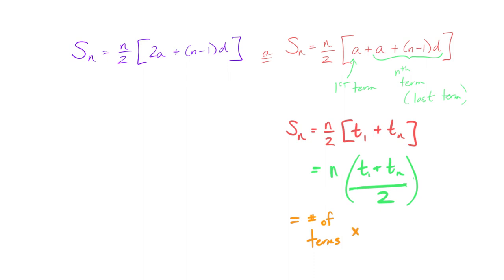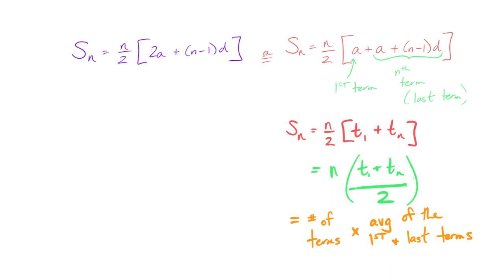And I multiply that by the first term added to the last term, and then divided by 2. Well, anytime I take two things, add them together and then divide by 2, I'm finding the average. So what I could say then is I'm multiplying that by the average of the first and last terms.